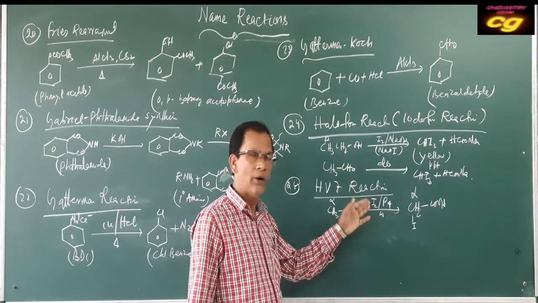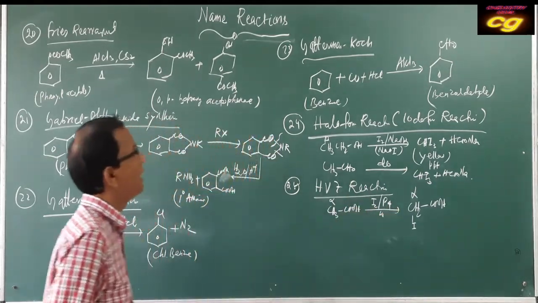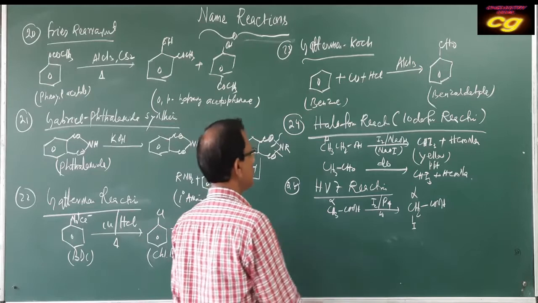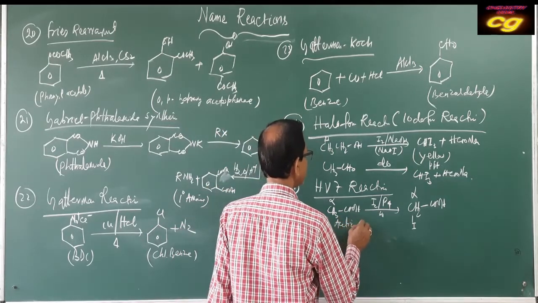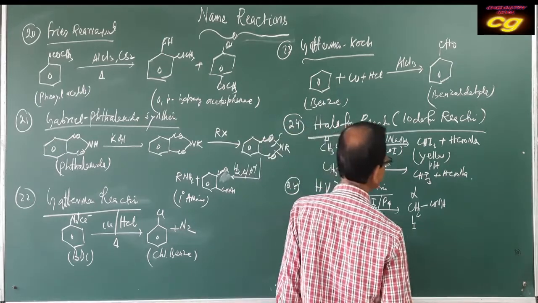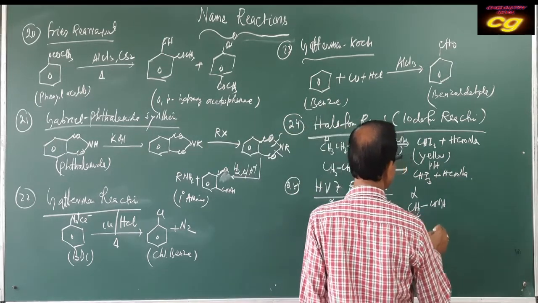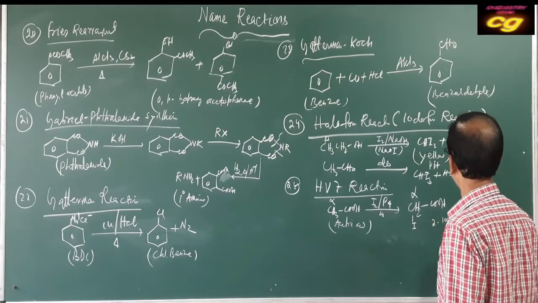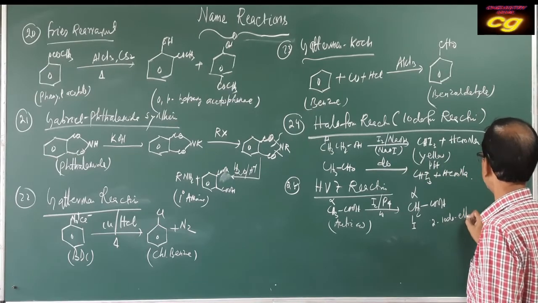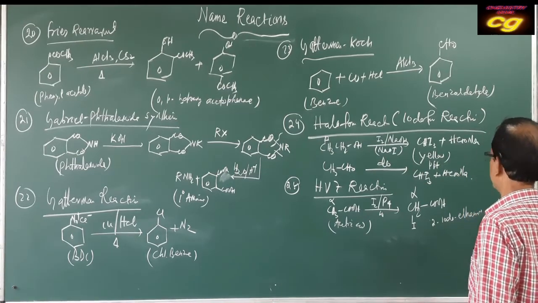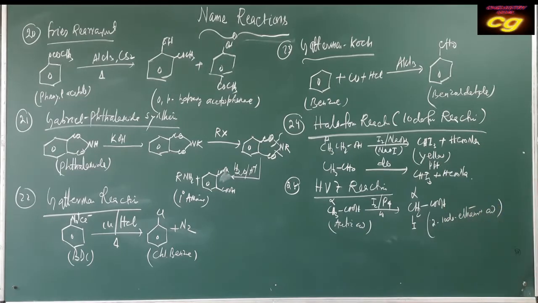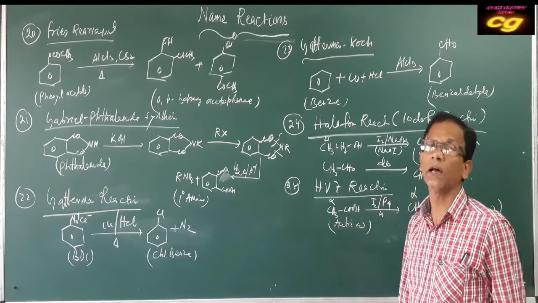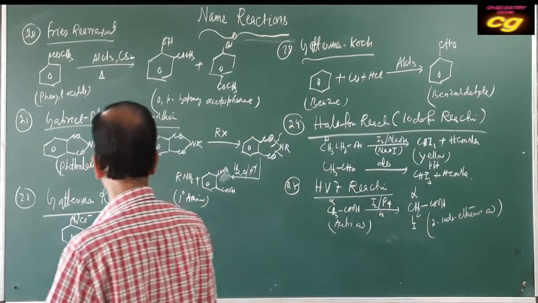If you take chlorine, iodine, bromine, you can get this. Any acid, for example acetic acid, converts to iodoacetic acid, that is 2-iodoethanoic acid. That means substitution of halogen in the alpha carbon is called HVZ reaction.